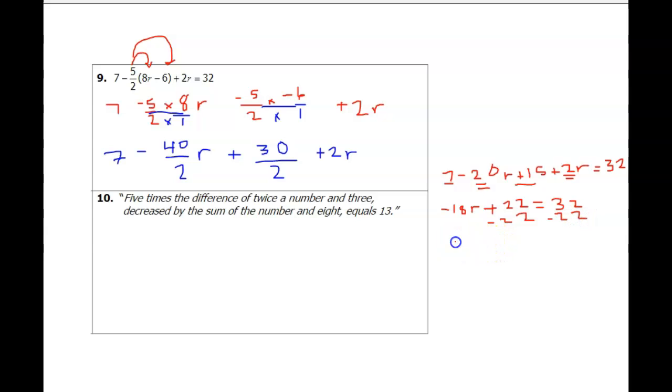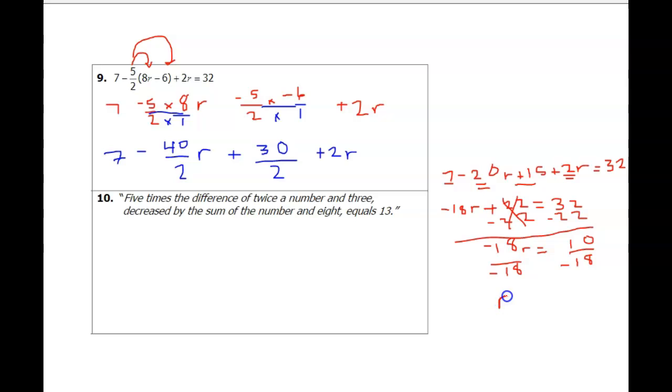I end up with 22's canceling, and I got a negative 18R equals 10. And then I'm going to divide by negative 18 on both sides.